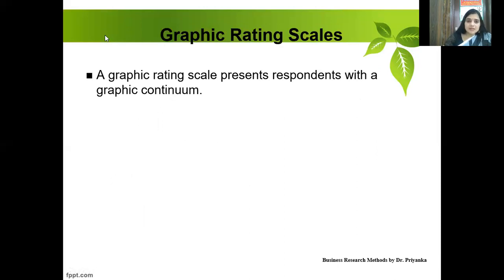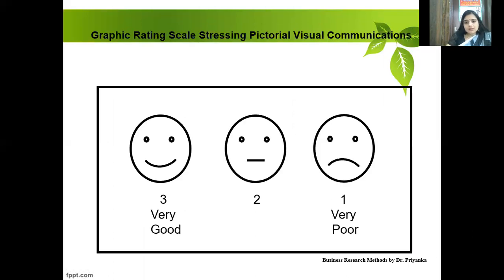Then graphic rating scales. These are good scales, but very less used in academic research. These are used when you have to influence the respondent. You have to let them come out of the boredom they are having at the time of the interview. For example, like this, you can write a question and then ask them, it's very good, neutral, or very poor.